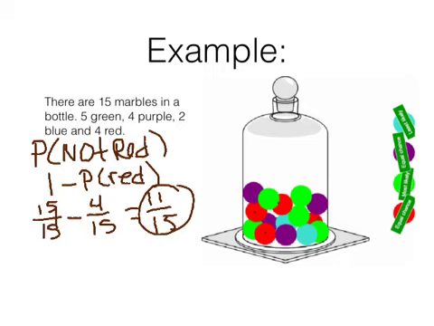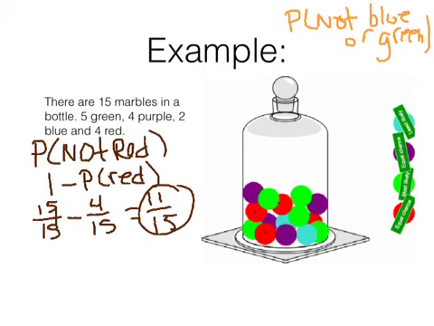What about the probability of not blue or green? The probability of not blue or green is 1 minus the probability of blue or green.